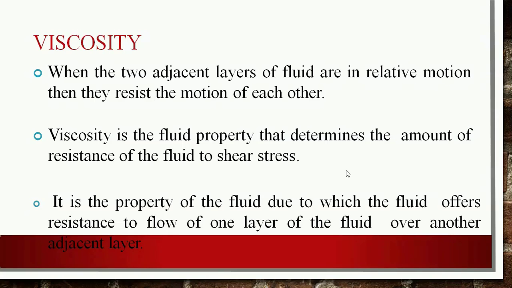Suppose there are two layers which are moving; they resist each other's motion. This phenomenon is known as viscosity. Viscosity is the fluid property that determines the amount of resistance of a fluid to shear stress. It is the property of a fluid due to which the fluid offers resistance to the flow of one layer of fluid over another adjacent layer.